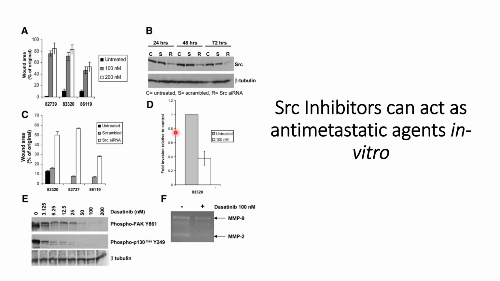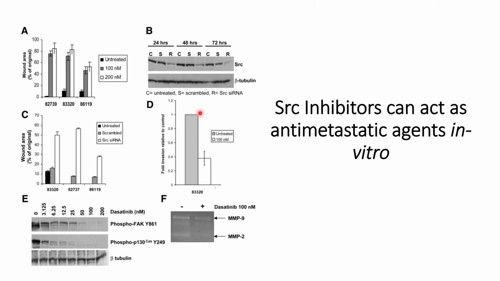Thereafter, they checked the invasions in the untreated conditions and in the conditions where they used dasatinib. When they use dasatinib, the invasion goes down by around 60%, which can be seen here, compared to the control case where dasatinib is not used.